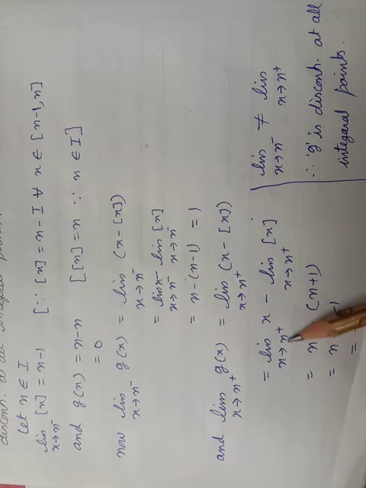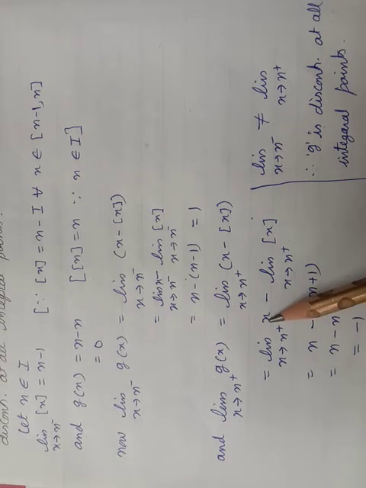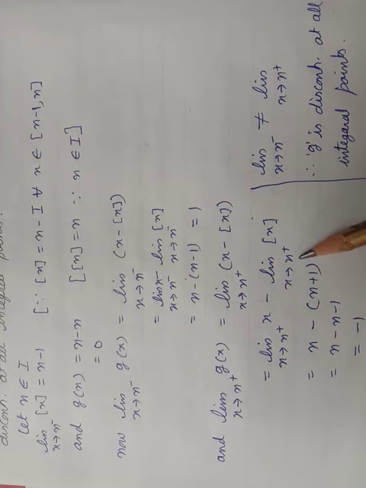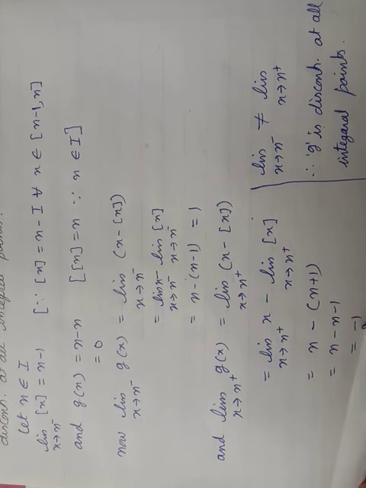Limit x tends to n positive of x minus limit x tends to n positive of box x, its value is n minus, अब n से हम राइट हैंड में ले रहे हैं, तो राइट हैंड में ले रहे हैं तो इसका मतलब क्या होगा कि कुछ ज़्यादा होगा, क्योंकि ये इंटीजर है तो 1 ज़्यादा होगा, तो हम यहाँ पे पुट कर देंगे n+1. Okay, now open the bracket, n minus n minus 1, and cancel, minus 1.